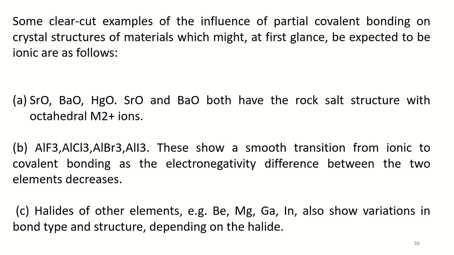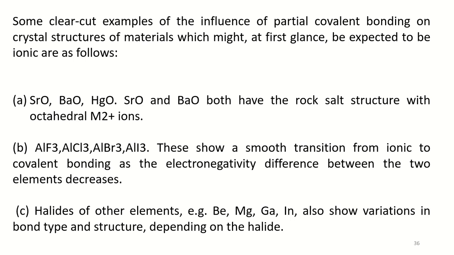Aluminium tribromide and aluminium triiodide have molecular structures with dimeric units of formula Al2X6. Halides of other elements, for example beryllium, magnesium, gallium, and indium, also show variation in bond types and structures depending upon the halide. The trends are always the same.